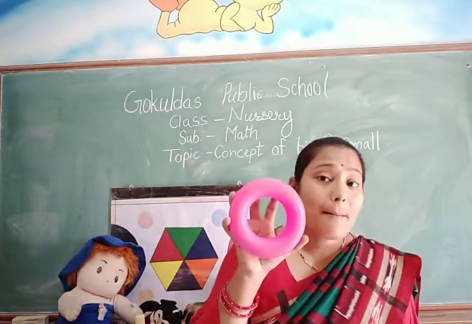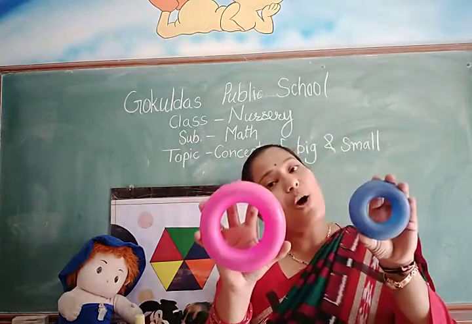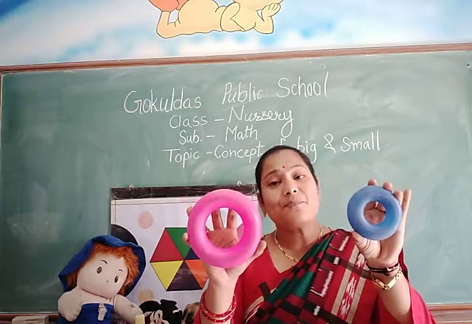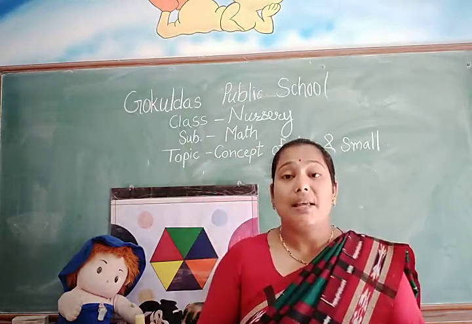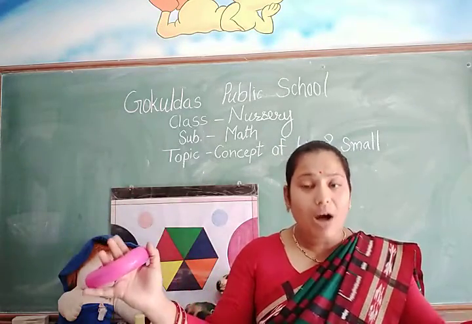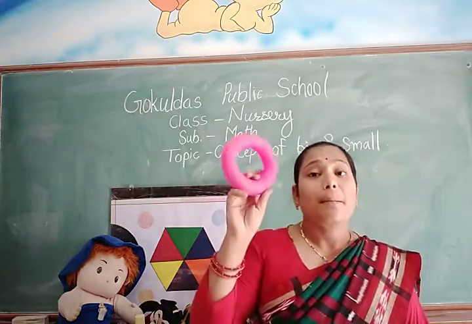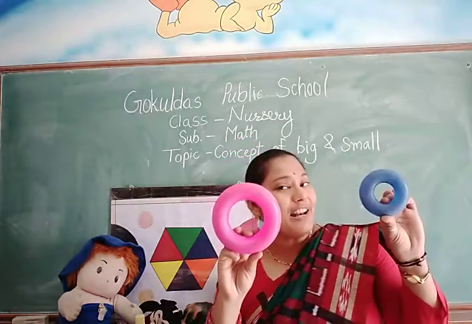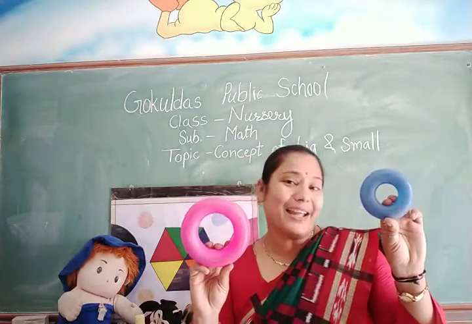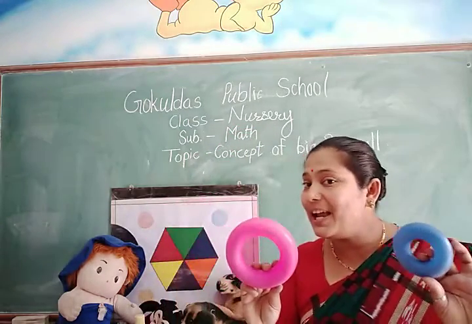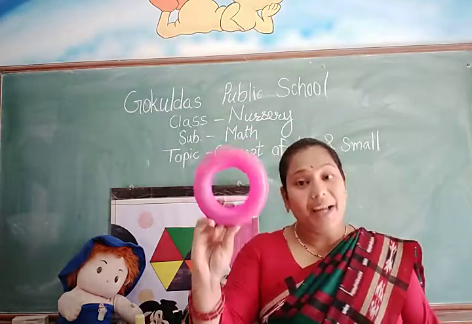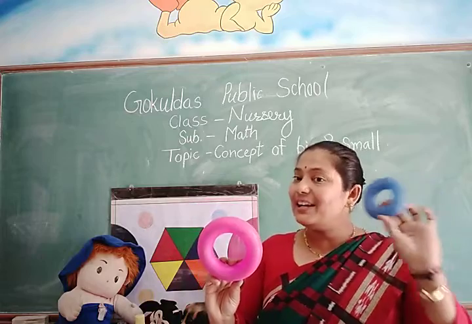Once again. Big ring, small ring. Okay, जैसे big ball, small ball, big dog, small dog, big ring, small ring. Once again repeat. Big ring, small ring. Okay.